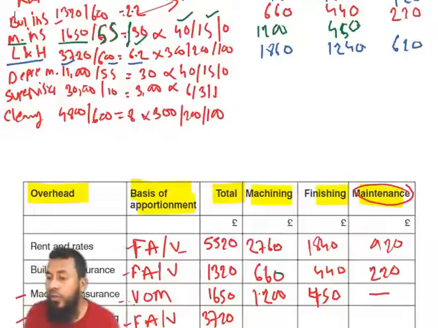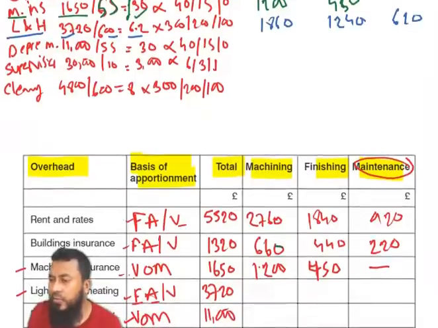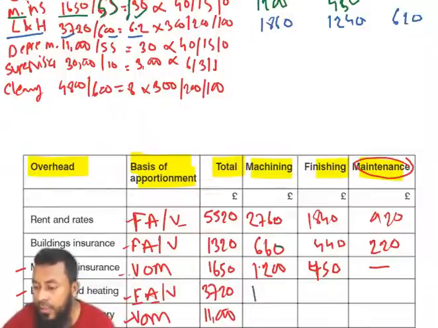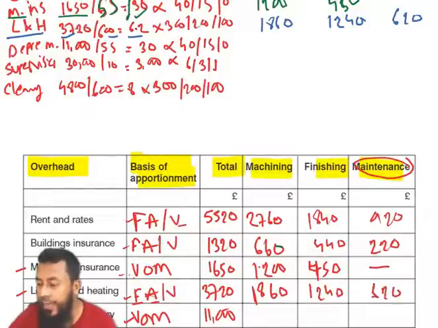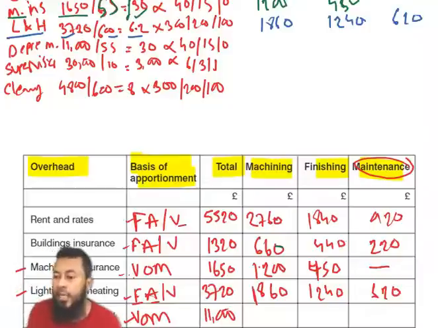That should go into the heating and lighting, which is your 3720 altogether. So my red color pen again, 1860, 1240 and 620. That's how every time you keep doing the workings and putting it into the proforma.